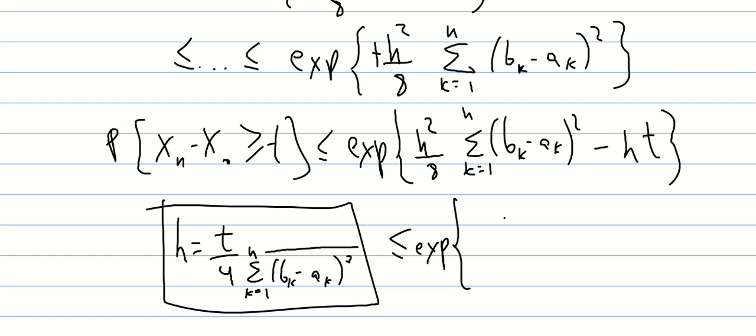H squared is going to have a t squared here, right? It's going to have a 16 in the denominator times 8. We have this in the numerator and twice in the denominator. So in the denominator, we still have a sum like this.